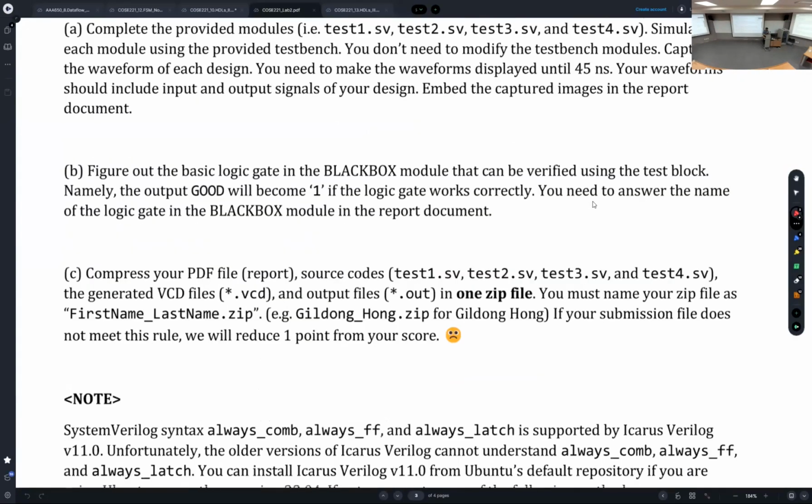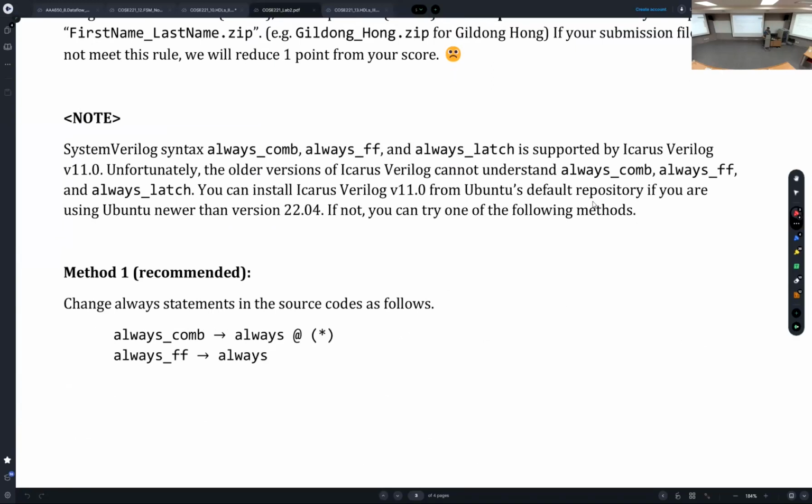Another note is that we are using the SystemVerilog features such as always_comb, always_ff in the flip-flop, and always_latch statement. Unfortunately, these statements are not supported by older versions of Icarus Verilog.